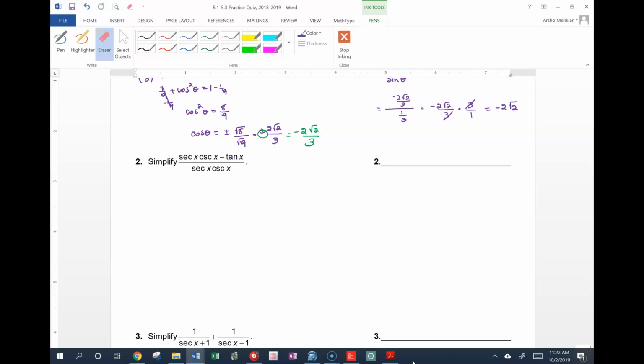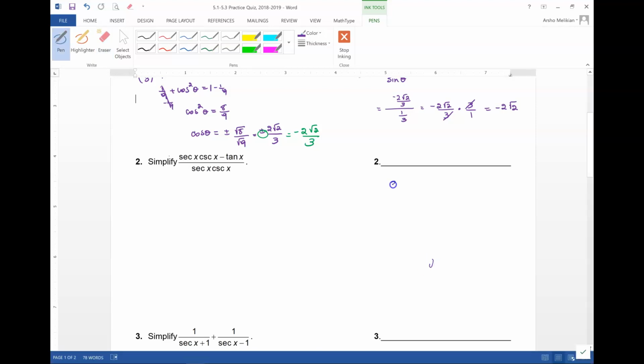What do you have now? You now have a fraction. How many terms are on top, one or more than one? More than one. How many on the bottom? One. So look at what you can do. If you have, let's say, 3 plus 5x over x, can you split this up and do 3 over x plus 5x over x?